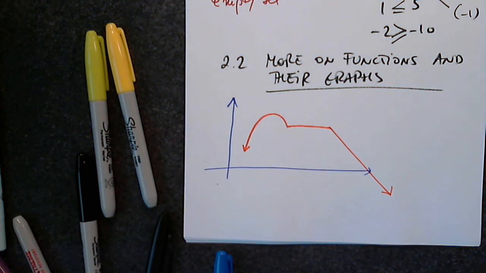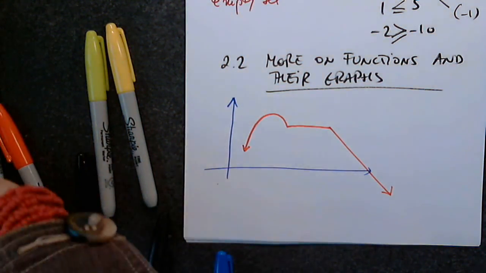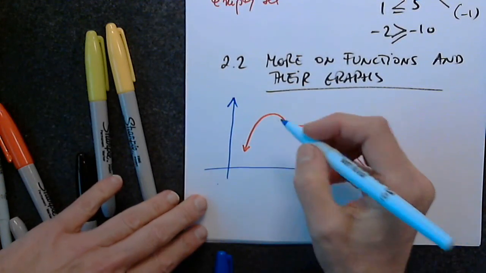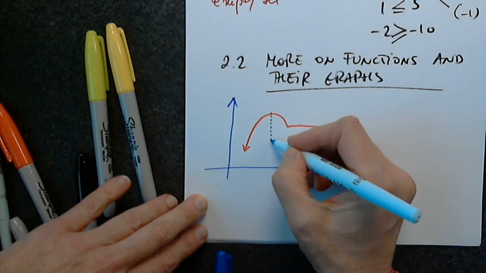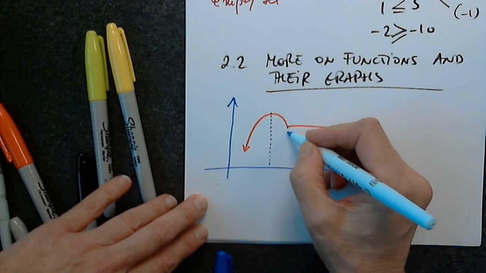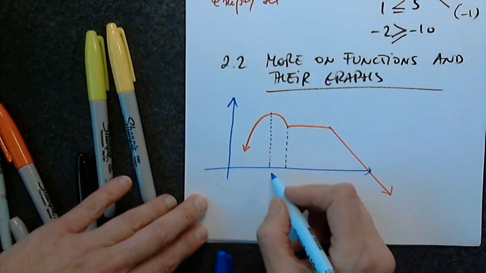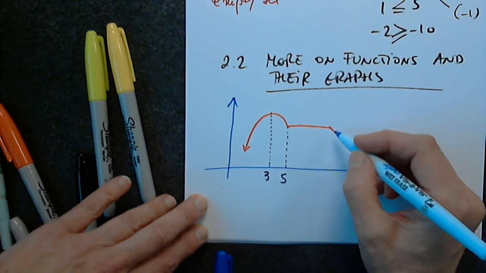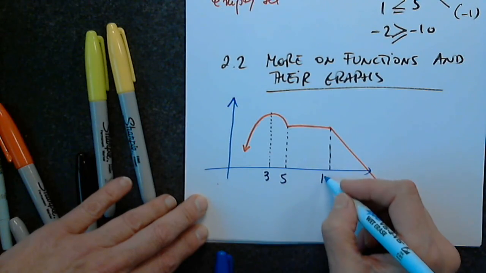Okay, I just created a graph. I'm going to put some x values in here. I'm going to say that this is 3 and this is 5. And let's say this is 12.